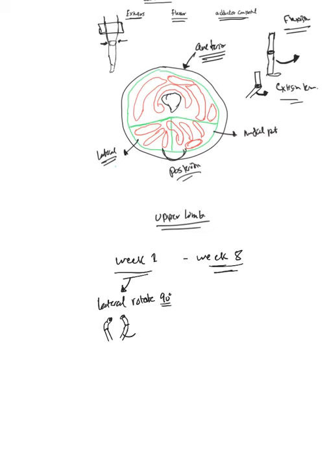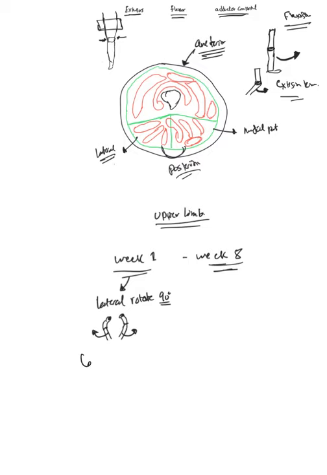It will rotate laterally 90 degrees. But in the lower limb it happens differently. Let's imagine this is the knee and this is the leg. It rotates medially 90 degrees, and that leads to the extensors of the lower limb being in the front. Extensors of the upper limb will be in the back. That's the difference between the extensors of the upper and lower limb.